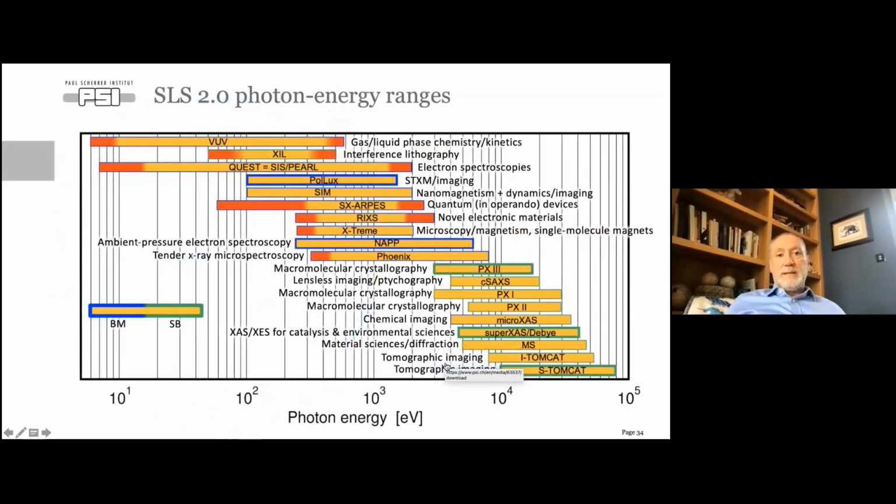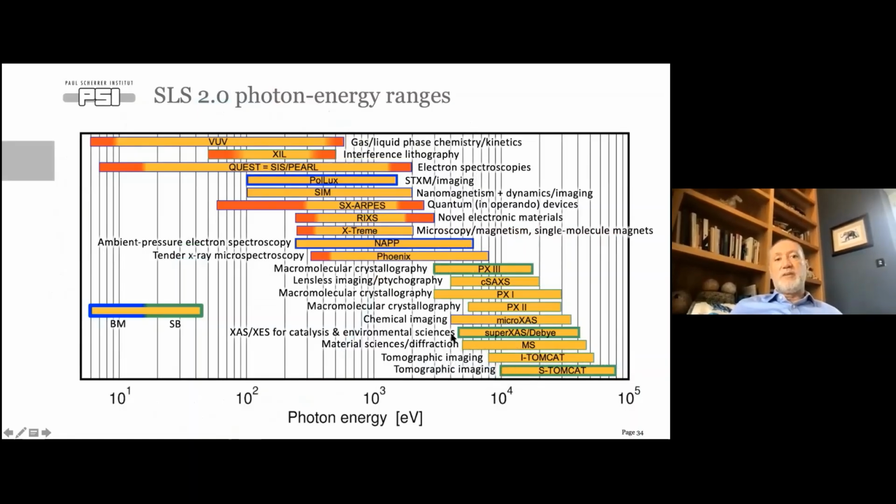What is perhaps a little more useful is this figure here, in which the techniques which are generally used at these different beamlines and their photon energy range are given. I don't need to go through that one by one. I leave it to you to look at those numbers at your leisure.